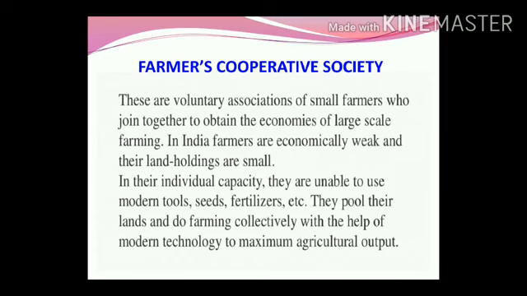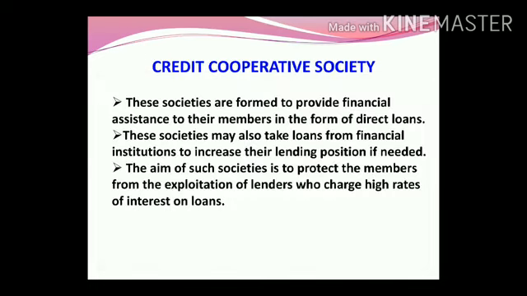And the next form of cooperative society is Credit Cooperative Society. These societies are formed to provide financial assistance to their members in the form of direct loans. These societies may also take loans from financial institutions to increase their lending position if needed.